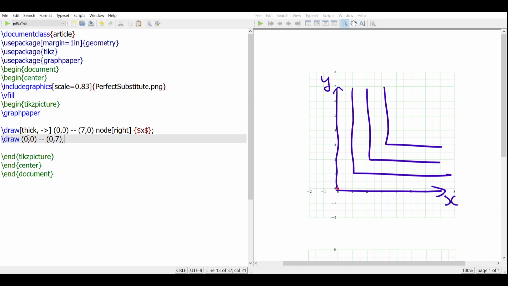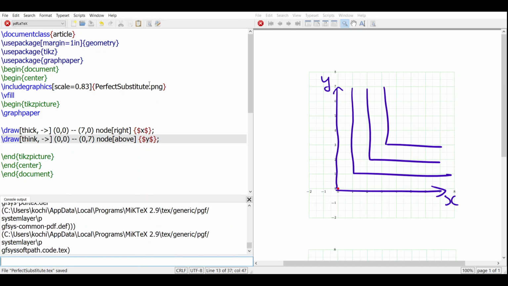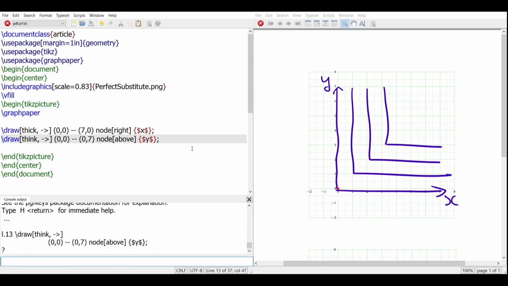And again, we want it to be a thick line, and we want an arrow the same. Okay, and next thing to do is at the end with a node, on the above of it, you want to put a y there. Okay, so these two complete the axis.